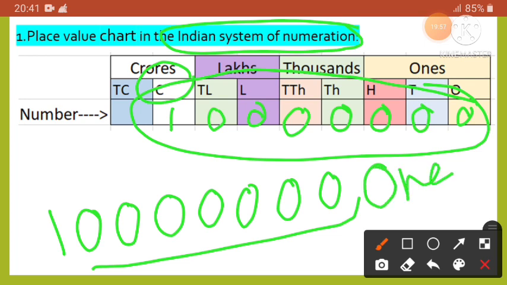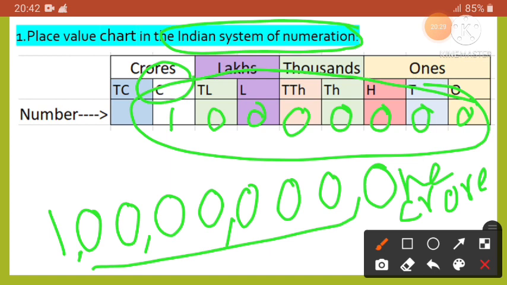If you want to write it in figures, we have to put commas in the appropriate places here. Okay, got it?